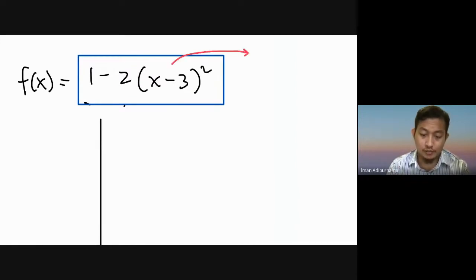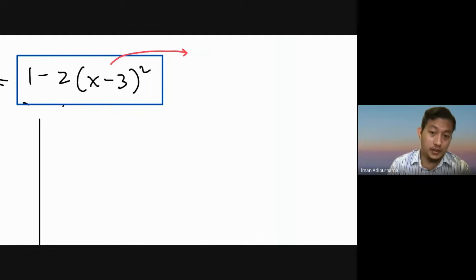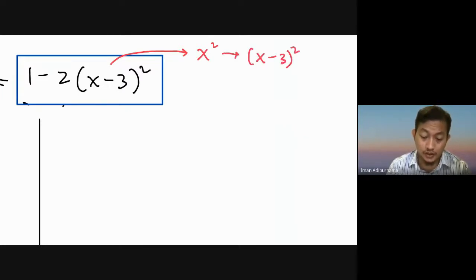For example, x minus 3 squared. We can think from previous transformations that we can write x squared, and then we can make it x minus 3 squared when you move to the right side, 3 units.